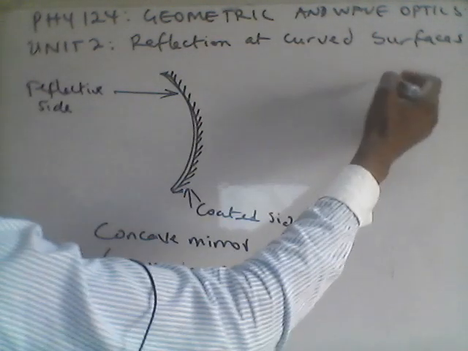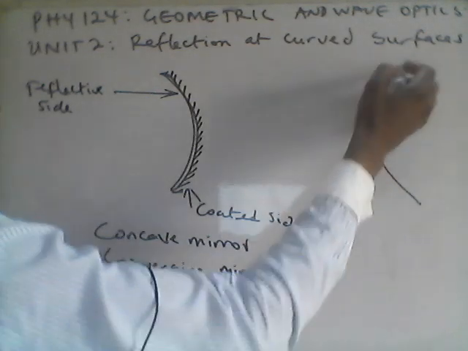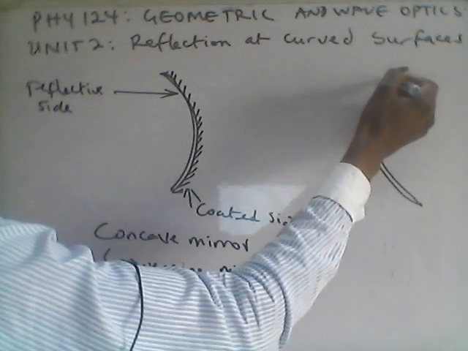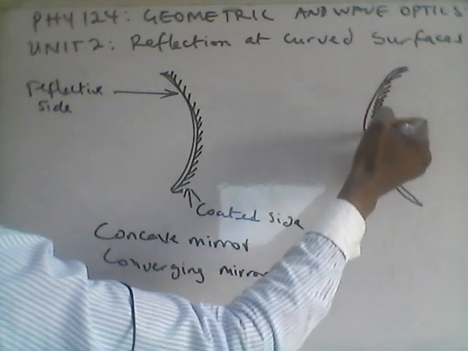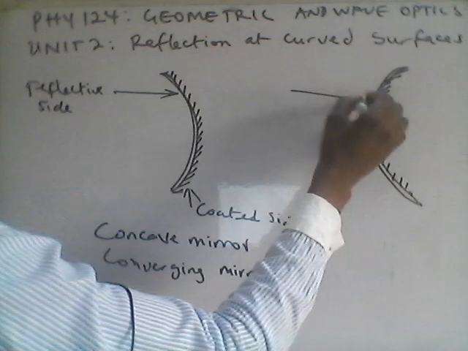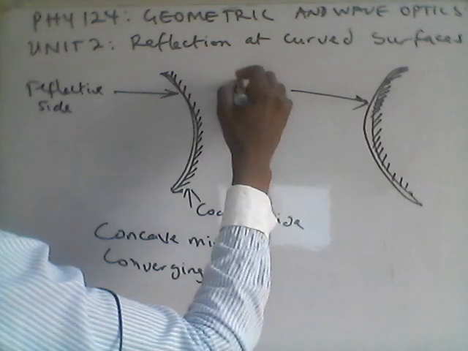For the diverging or convex mirror, the glass side is bulging out, and the coated side is curved in. So this is the reflective side. The reflective side is curved out.